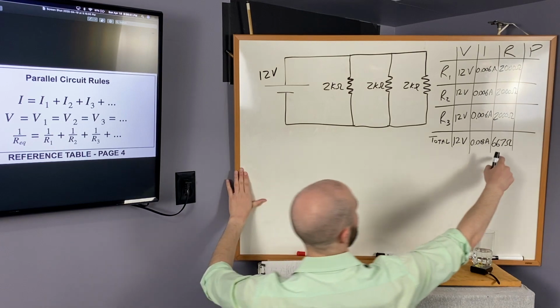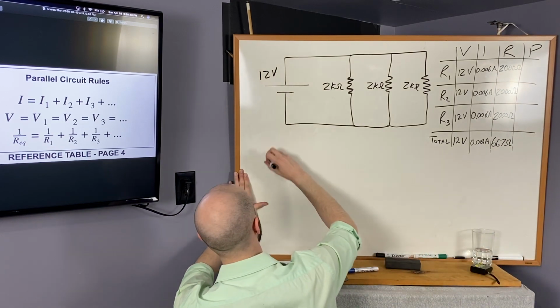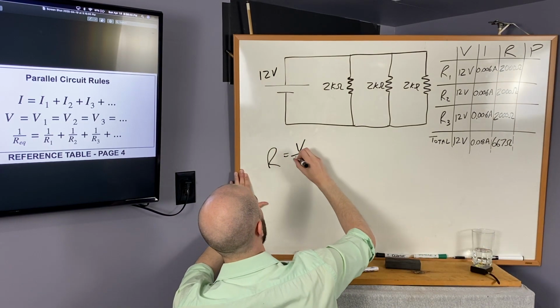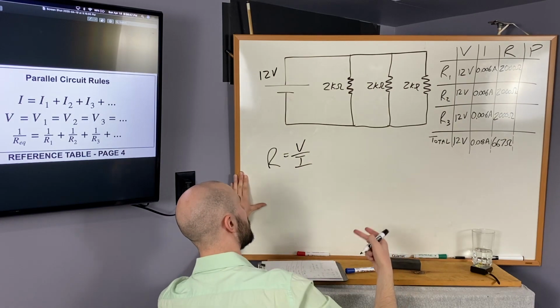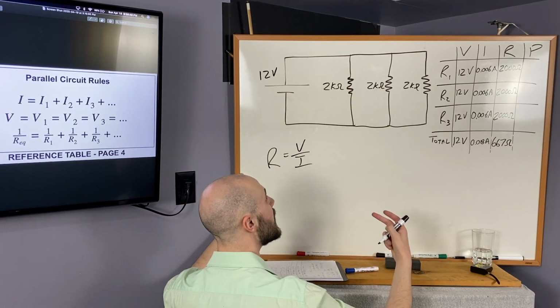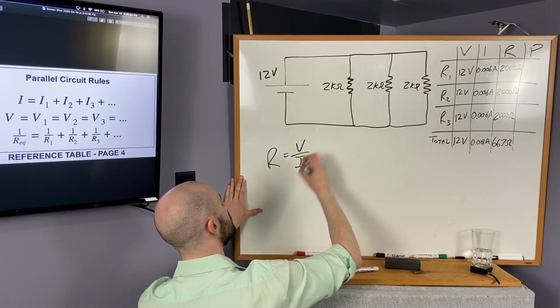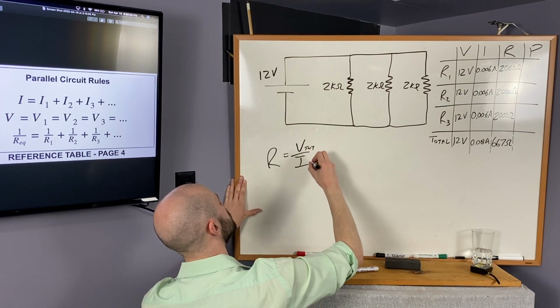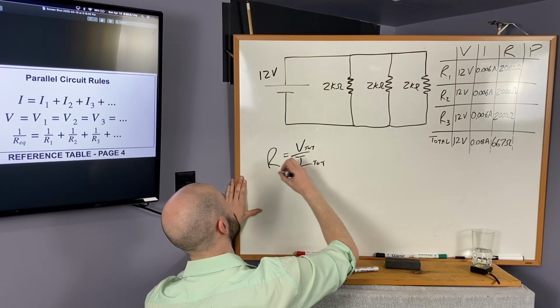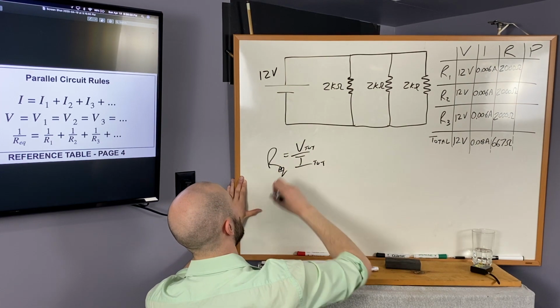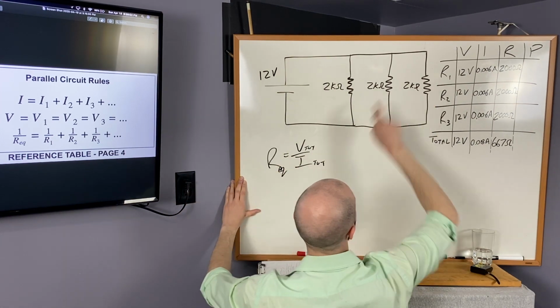So remember Ohm's law, we're going to verify this answer here. R is equal to V over I. Well, what R are we talking about? What V are we talking about? What I are we talking about? We're down the total row. So we want total, and Req. Whenever you're using Ohm's law, you're picking the row that you're working in.